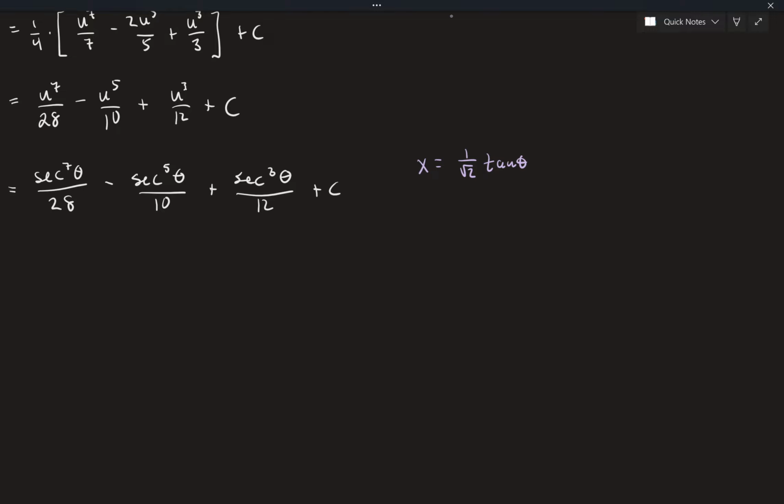So that means x times the square root of 2 is tangent theta. And just a reminder, tangent theta is opposite over adjacent. Now I want to solve for this last side. I'm going to do it a little carefully. X times root 2 squared, I'll call this side c, plus 1 squared is c squared.